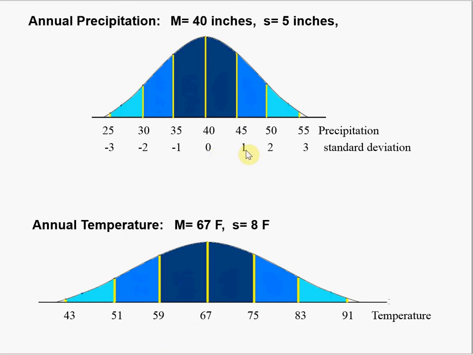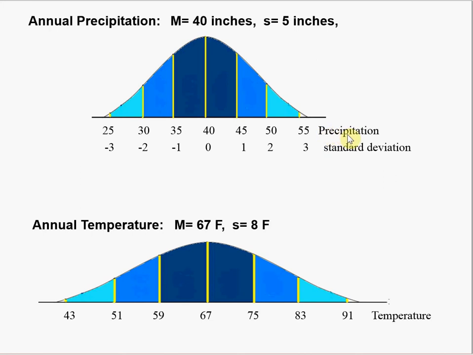One standard deviation above the mean, two above, three above. 35 is one standard deviation below the mean, 30 is two below, 25 is three below. 0 means zero standard deviations from the mean. It is the mean.